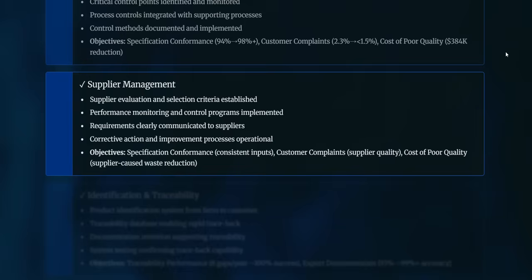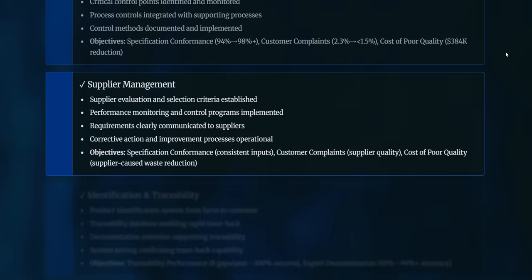Now, the second, you should check and make sure these have been implemented effectively, which is supplier management. It must consist of supplier evaluation and selection criteria established, performance monitoring and control program implemented, requirements clearly communicated to suppliers, corrective actions and improvement processes operationalized.